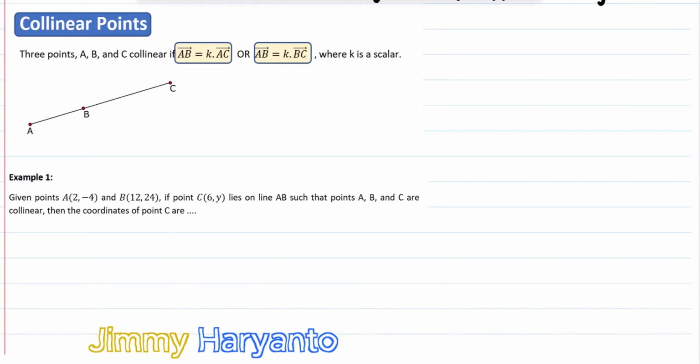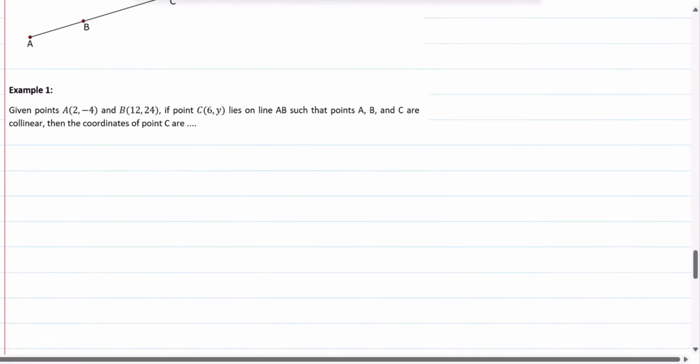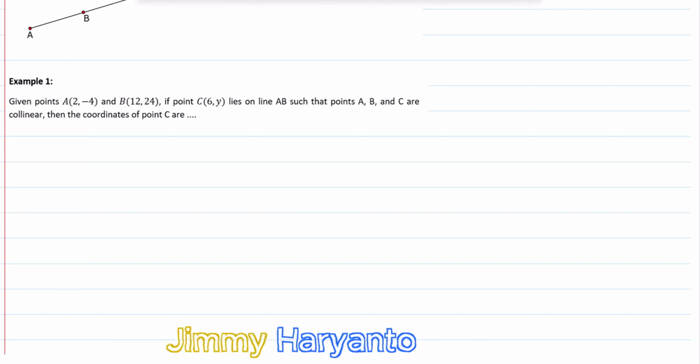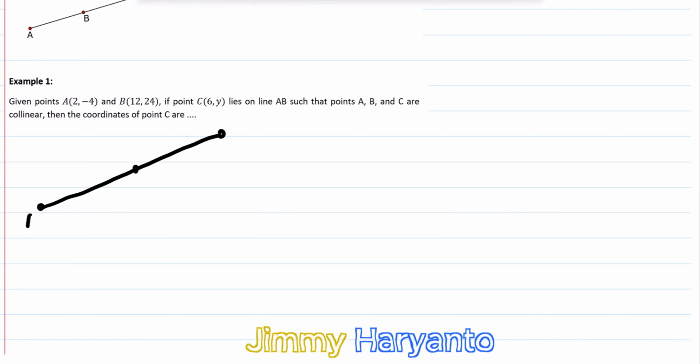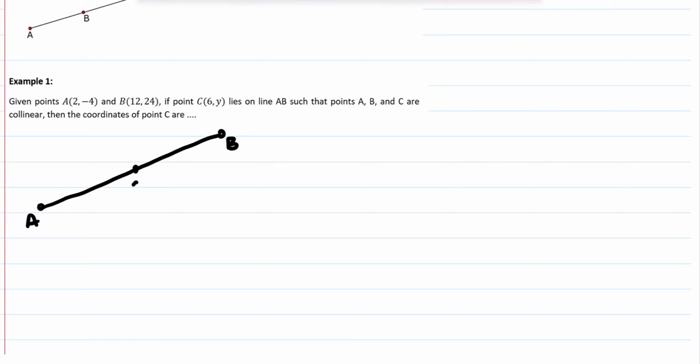Yeah. So example 1: given that point A, point B, and point C lies on line AB, that means we can illustrate it a little bit like this. We have line AB, and then we have C somewhere on AB.